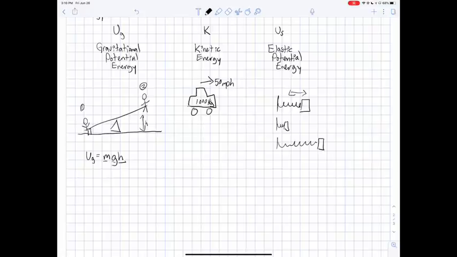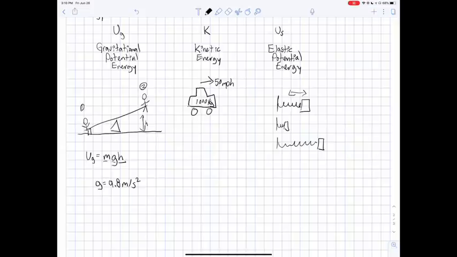Now, near the surface of the Earth, the value for g is 9.8 meters per second squared.